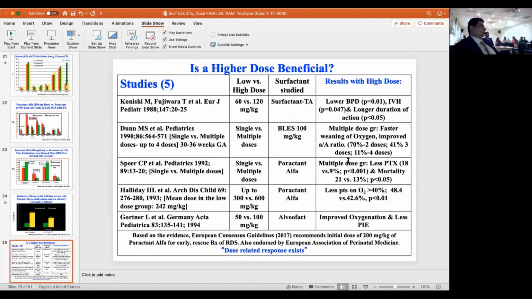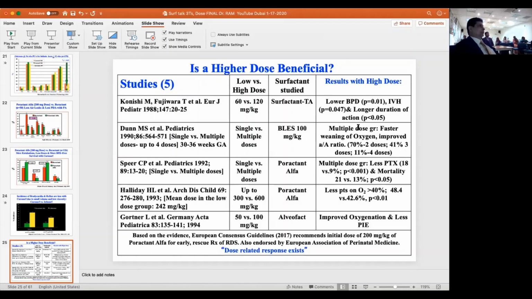Why is higher dose beneficial? It's not new information. We showed that using the same surfactant, Surfacten from Japan, 60 versus 140 milligrams led to a better outcome, lower BPD, less IVH.